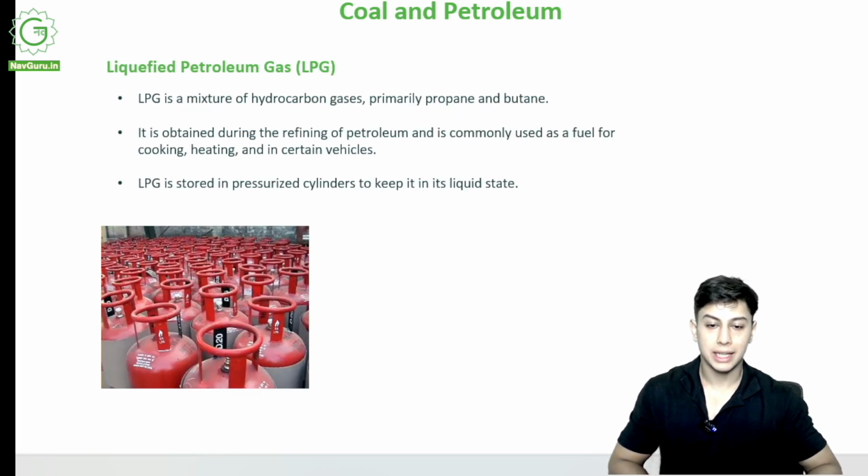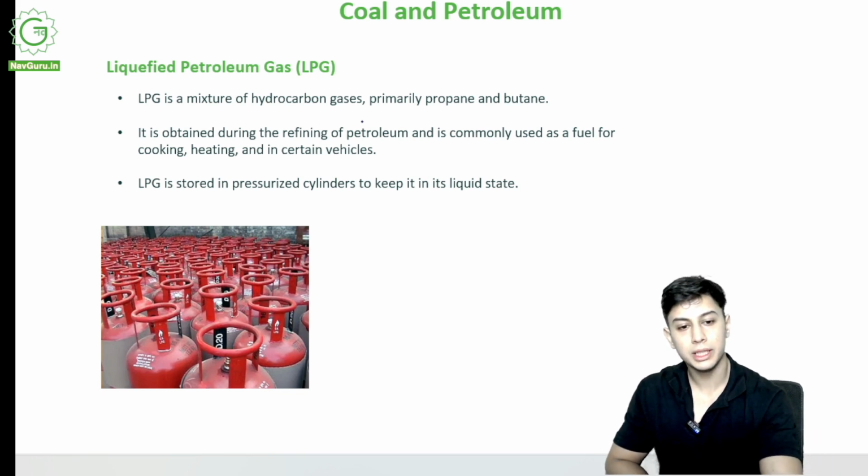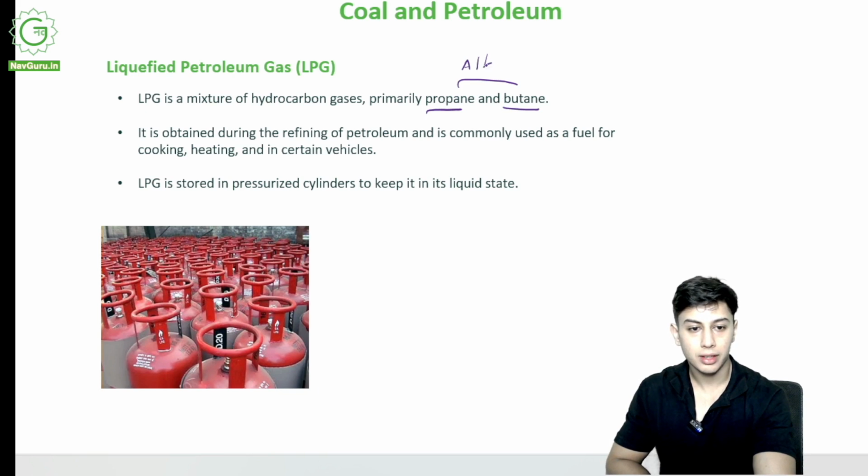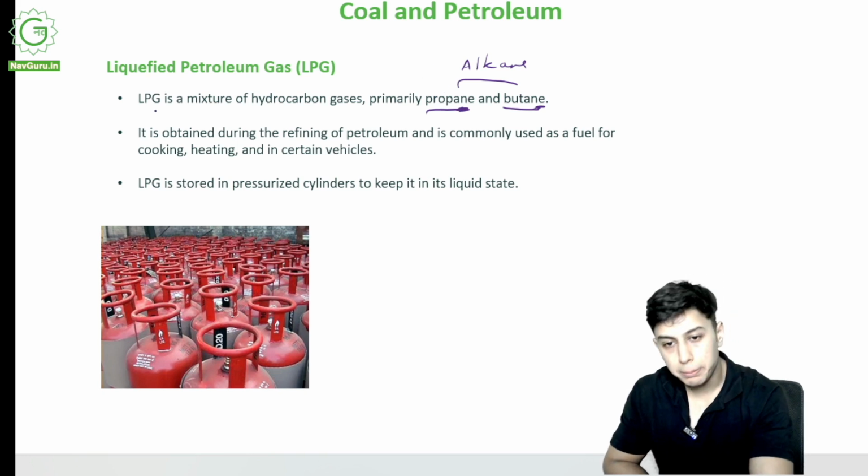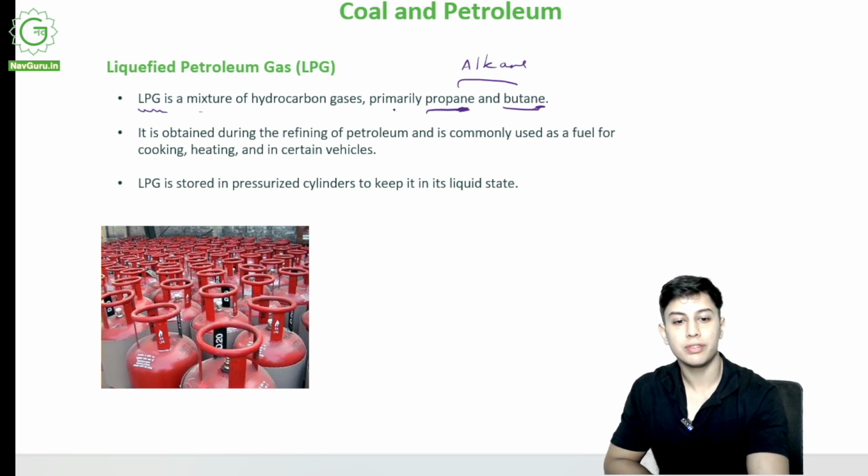Liquefied petroleum gas. Now this is also a mixture of hydrocarbons, gases that are mostly propane and butane. These are alkanes. See the end, ane. LPG is a mixture of both of these: propane, butane.